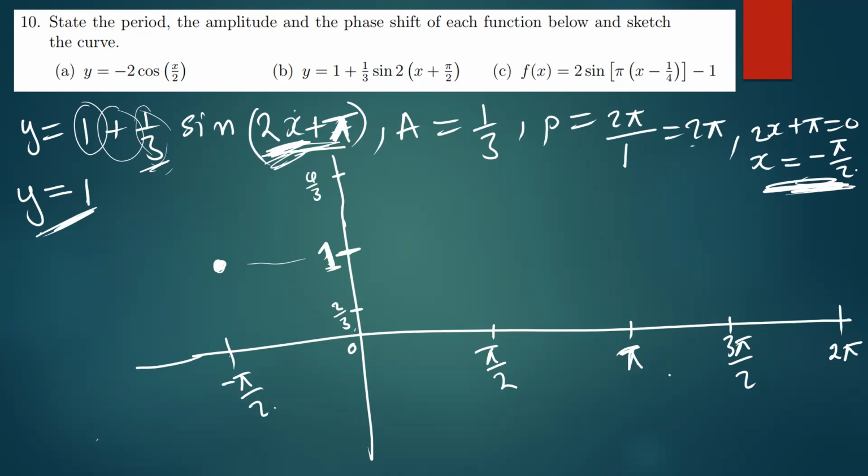So sine 180, this will be a 0. So 0 plus 1 will still give us what? 0.